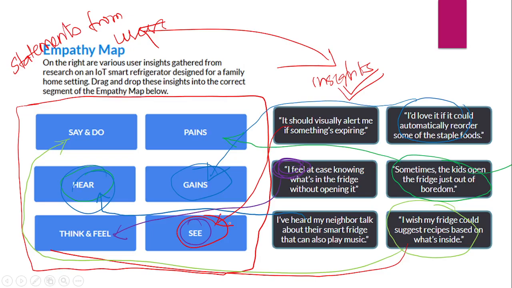For example, any product package you place inside the refrigerator gives you an intimation that it is going to expire, based upon the expiry date you have fed into the refrigerator. So this is an activity with the empathy map, and how, based upon the user statement, the insight is going to vary. Okay, so now you are able to understand these things.